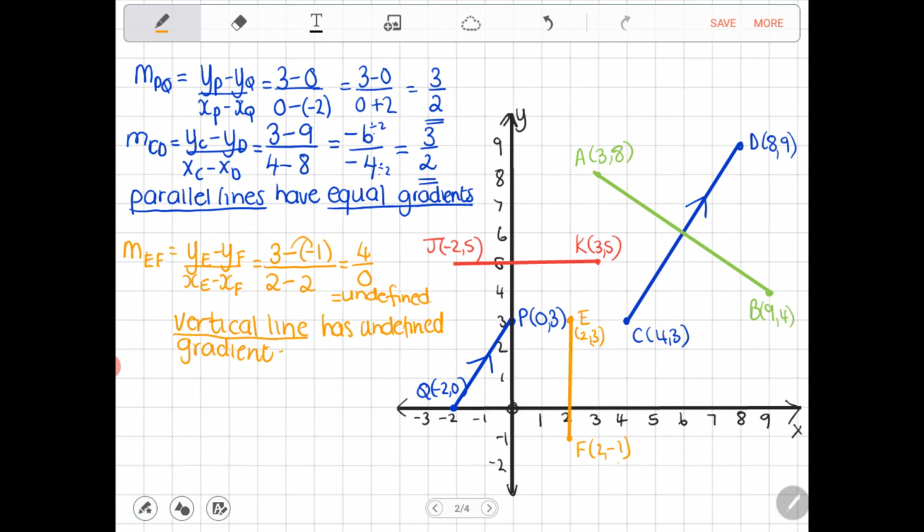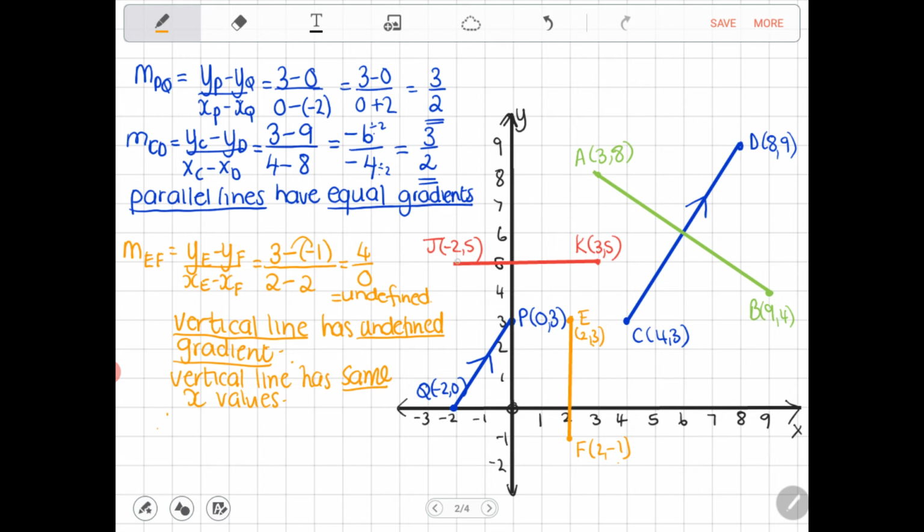How do I know that a line is vertical? A line is vertical if your x values are the same. So when you're looking at x values, if they're the same, it has to be a vertical line.